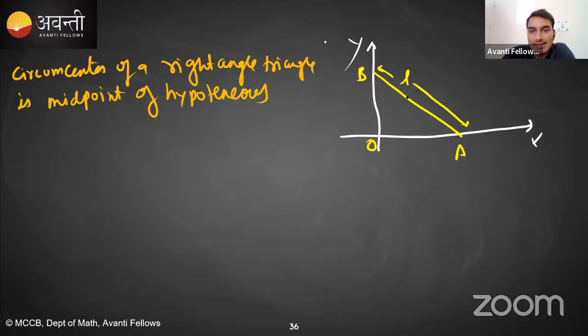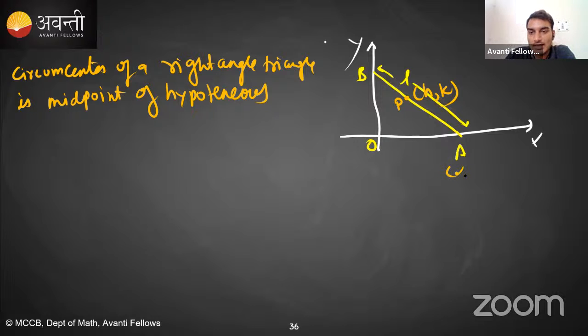Yes or no? So let's say AB is the hypotenuse, and this point is the circumcenter, whose locus we have to find. We assume it to be (h, k). So from the circumcenter we can say that this point P will be the midpoint of AB, right?